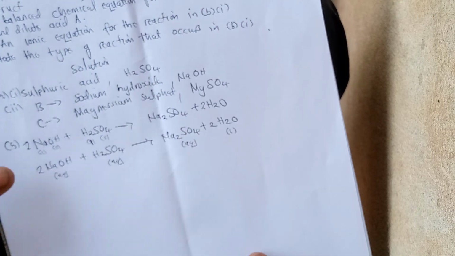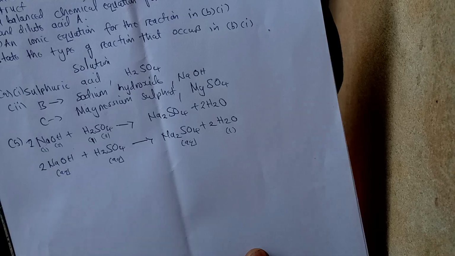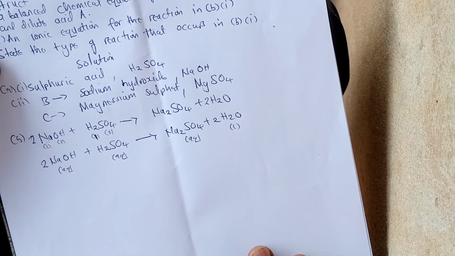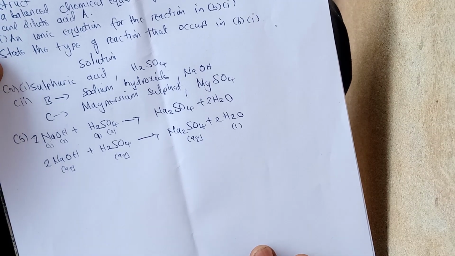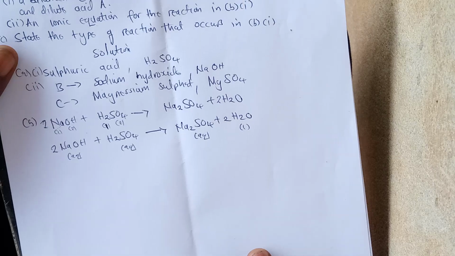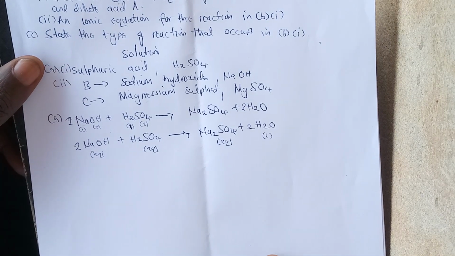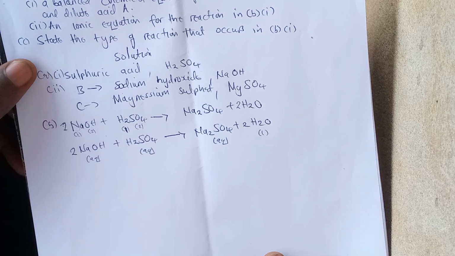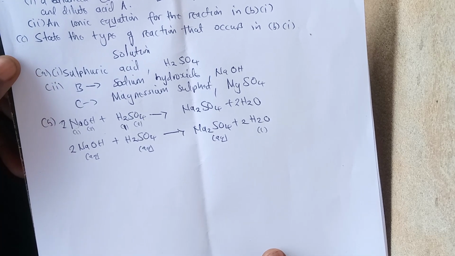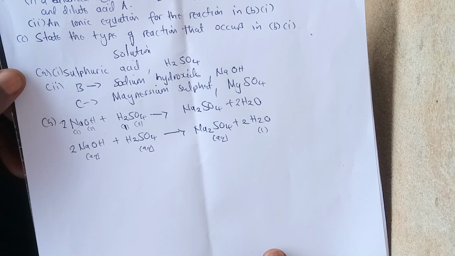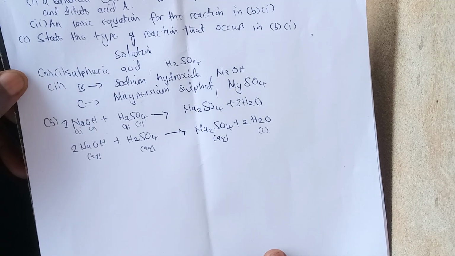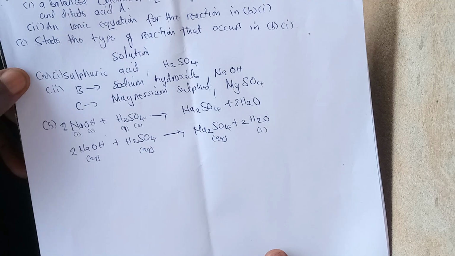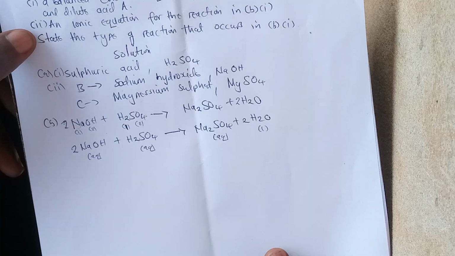I was a bit fast in explaining how we balance the chemical equation. If you are not really clear, there is still a video on balancing chemical equations. You can search for it on my YouTube channel, and you'll be happy to see that it is well explained there, and we are doing it in the quickest manner.